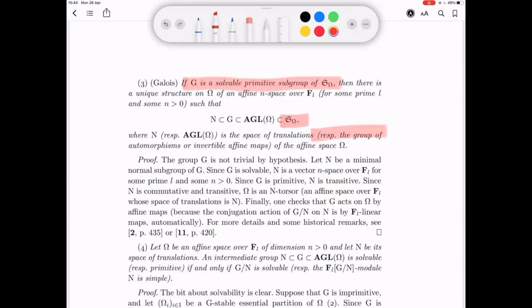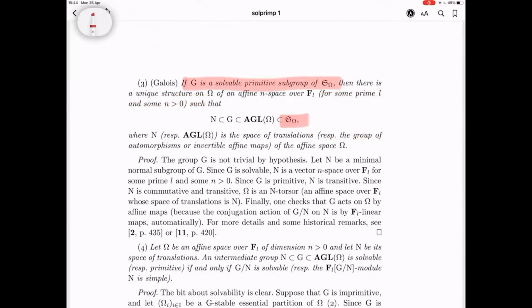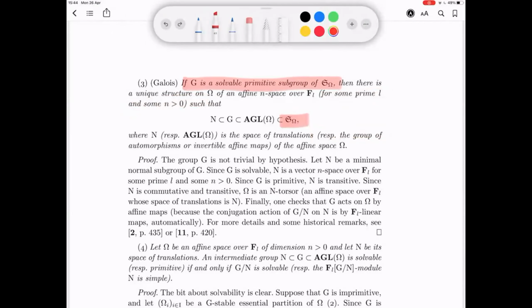It's an affine n-space over FL, so the number of elements in omega is L to the n, right? Okay, so that was the theorem of Galois.